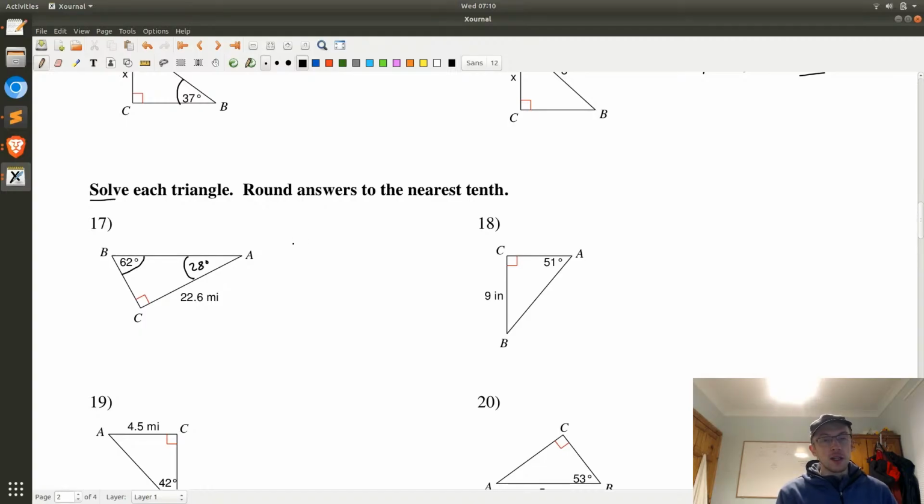Okay, be systematic. Cosine of 28 degrees equals 22.6 over the hypotenuse. So the hypotenuse must be 22.6 over cosine of 28.